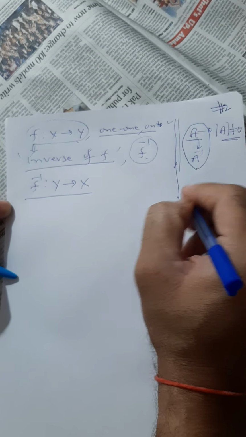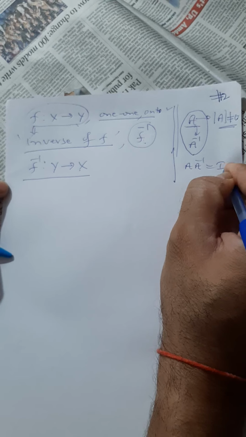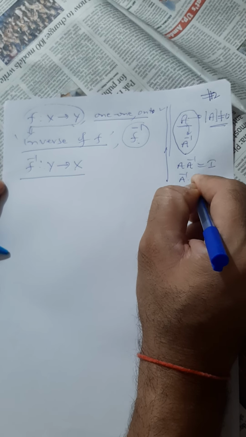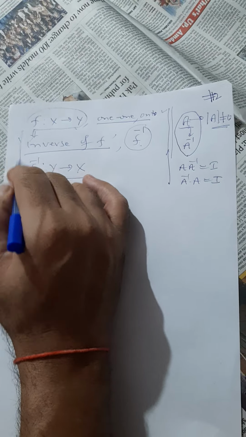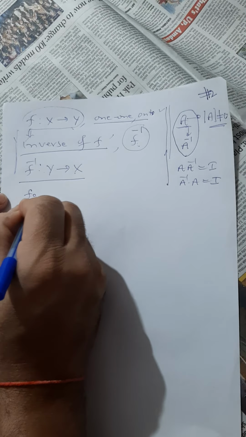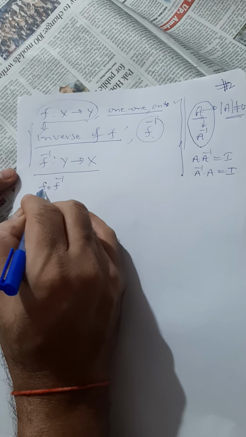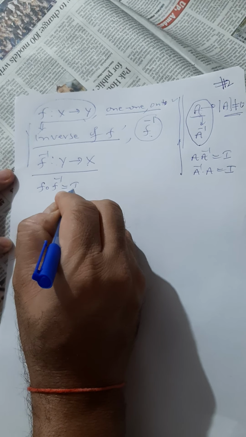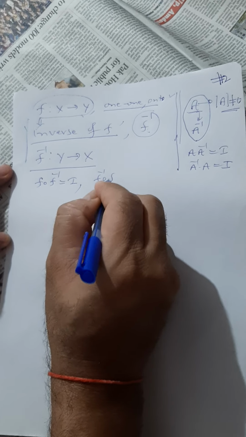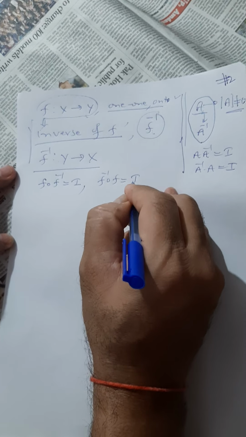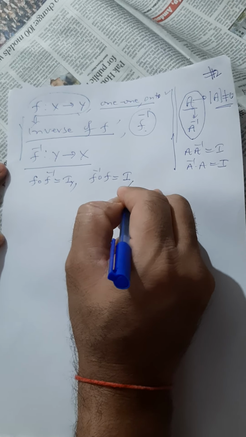And here if you recall, in matrices, A into its inverse equals identity, and A inverse into A is also identity. So same way here, when I compose them, this you might have studied in 11th or in the first chapter, you'll learn f o f inverse gives you identity function, and f inverse o f also gives you identity. This is identity on y, this is identity on x.